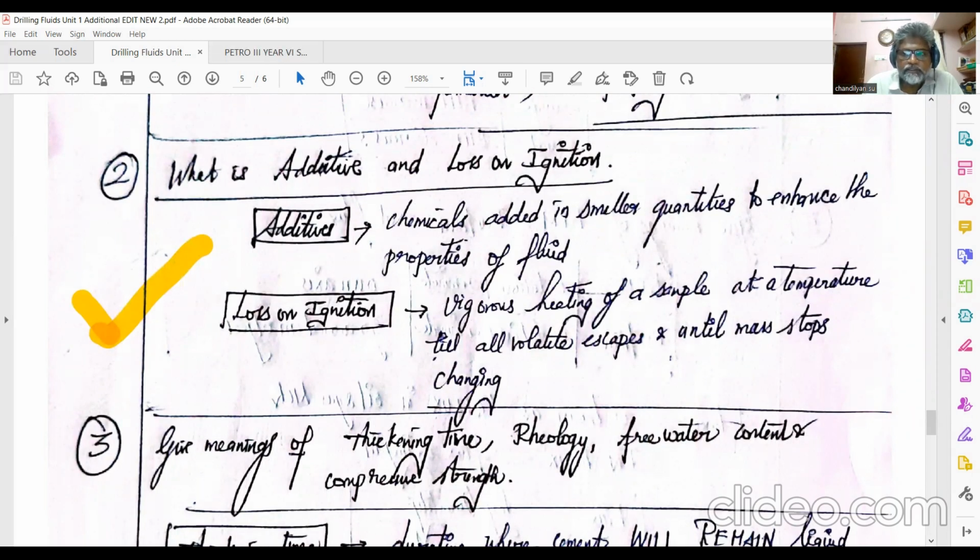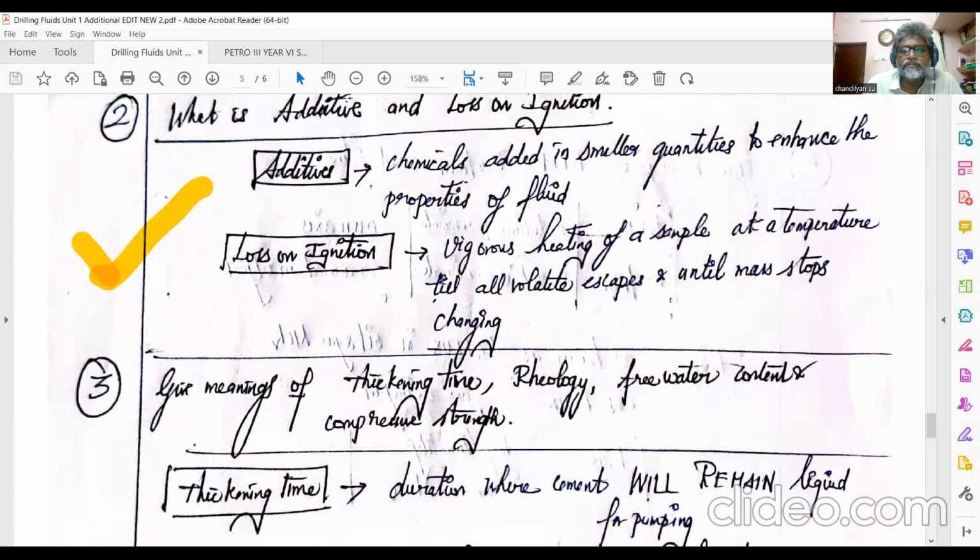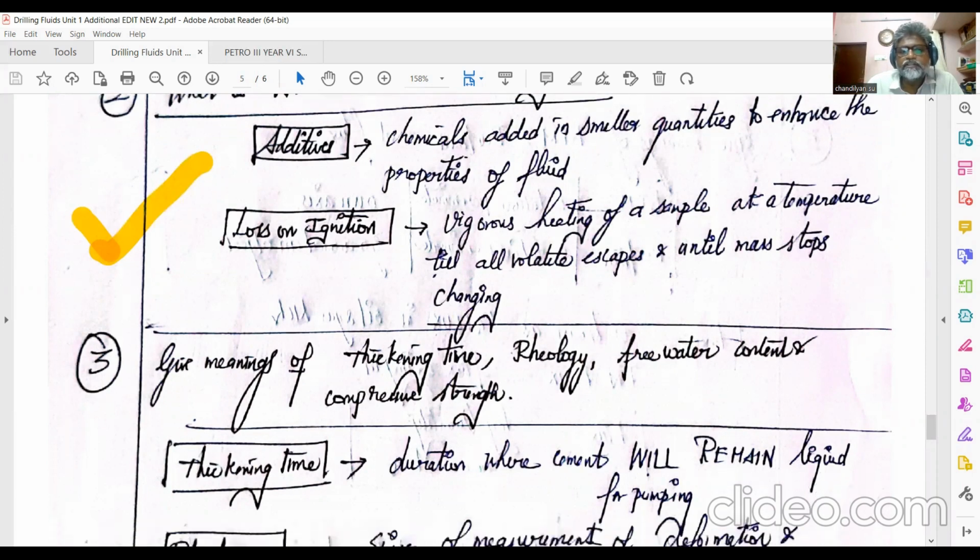I explained the scale in the class, and I've informed the class that I've penned it down and it's not necessary for you to copy down during the class, so less dictation. Here is the definition for loss on ignition: when you burn a fluid, when there is no mass change happening, or when all the volatile components have escaped, what remains is called loss on ignition.